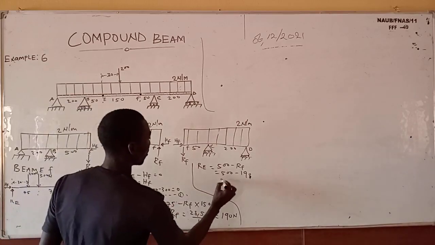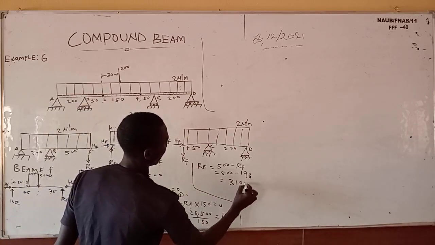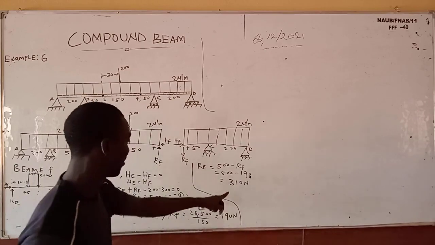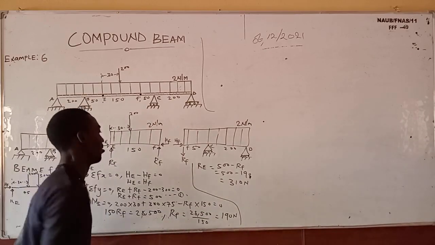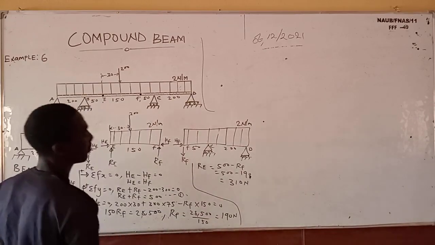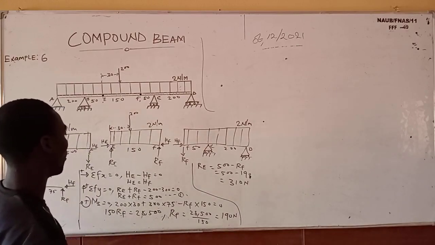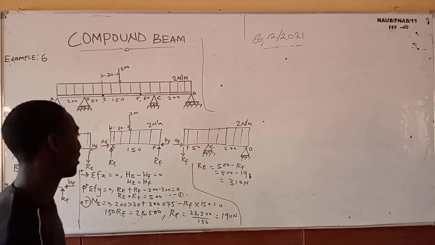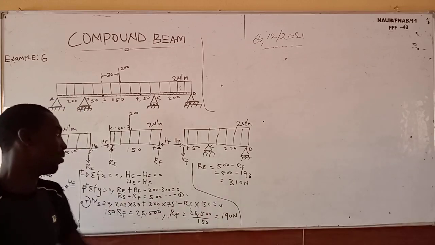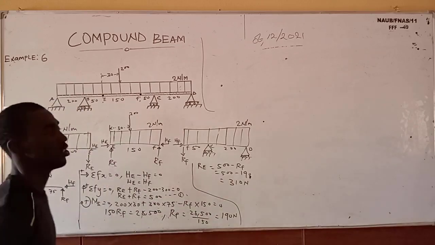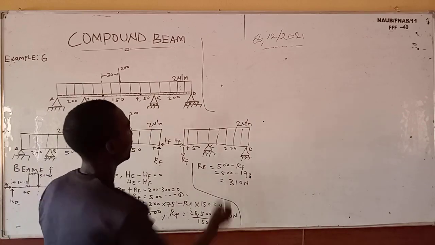And that is going to give us 310 Newton. So that is R_E and R_F, and you can see that our answers are positive. So it means our assumption is correct.